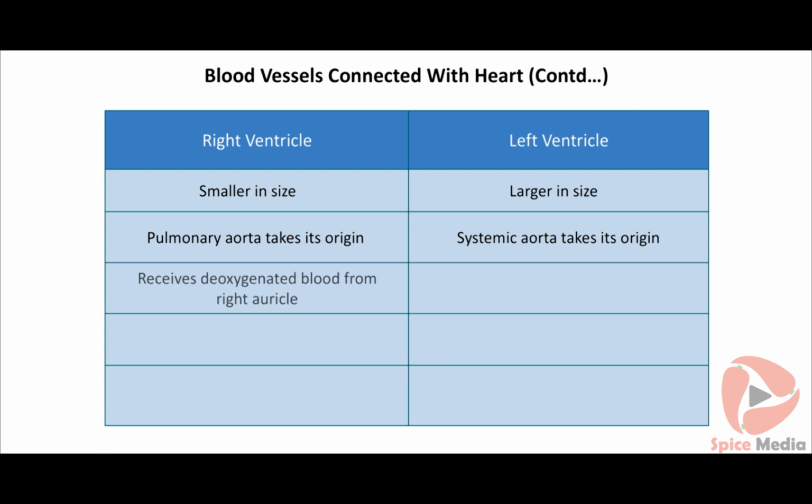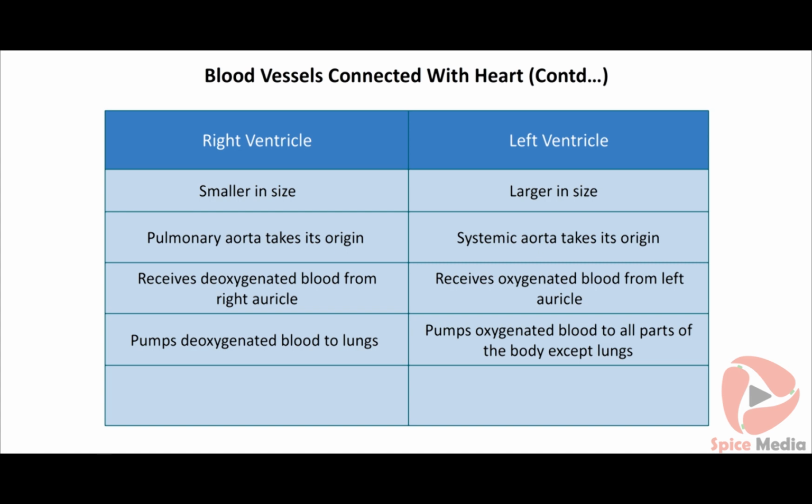The right ventricle receives deoxygenated blood from the right auricle and pumps the blood to lungs through pulmonary artery. The left ventricle receives oxygenated blood from the left auricle and pumps the blood to all parts of the body except lungs through the aorta.